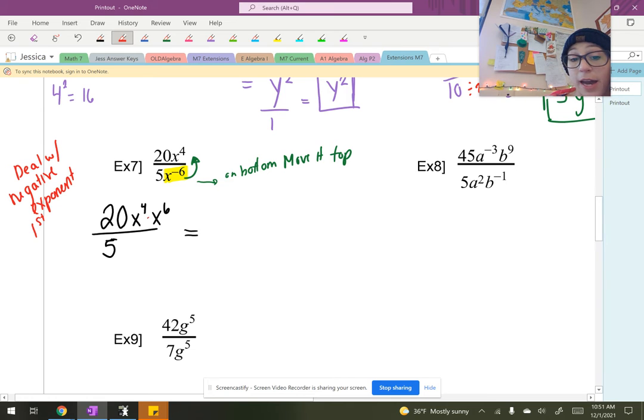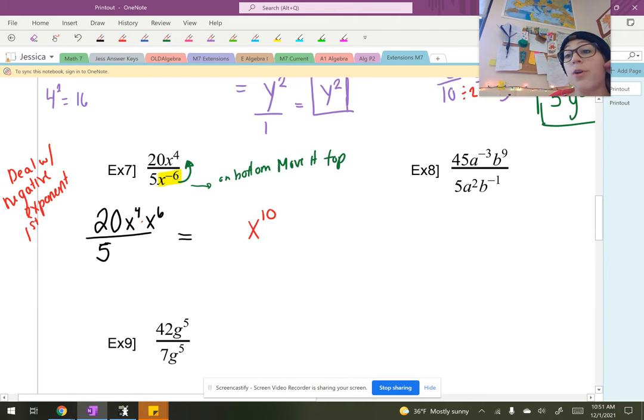x to the 4th times x to the 6th. That's x times x times x 4 times, x times x times x 6 times, giving me a total of x to the 10th. And then again, like we talked about in our last example, don't forget to simplify those numbers. A fraction represents what operation? Division.